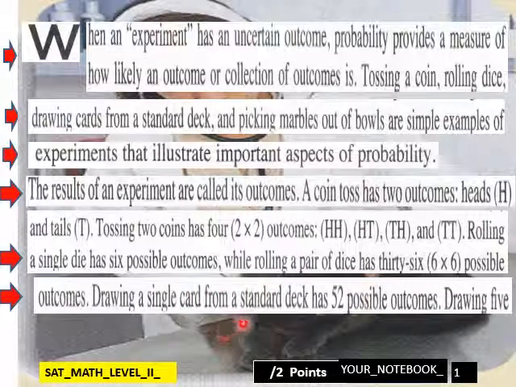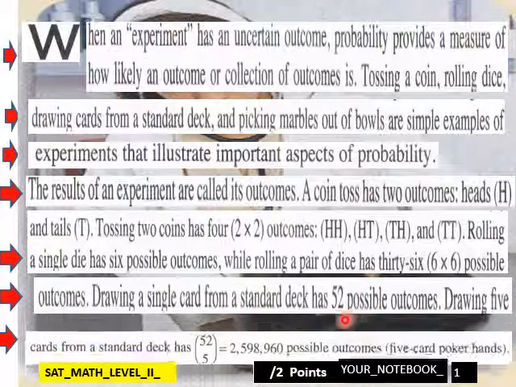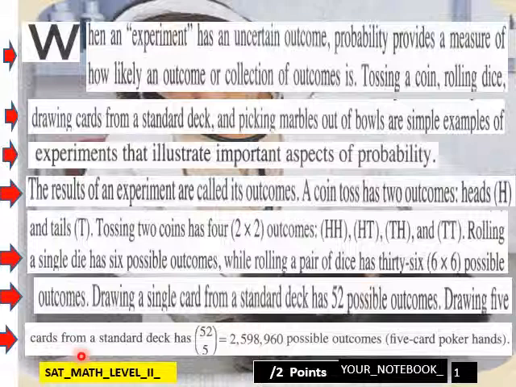Drawing a single card from a standard deck has 52 possible outcomes. Drawing 5 cards from a standard deck, 52 choose 5, has 2,598,960 possible outcomes, say for a 5-card poker hand.